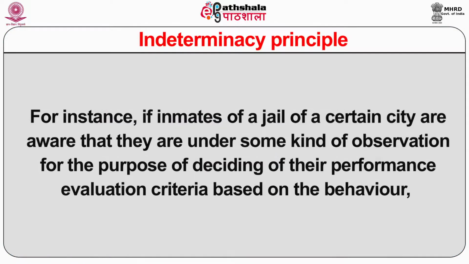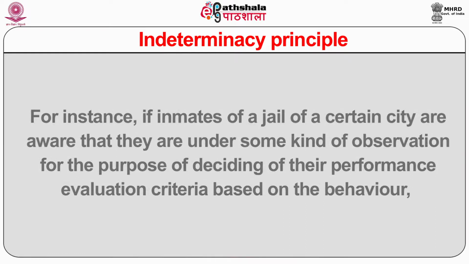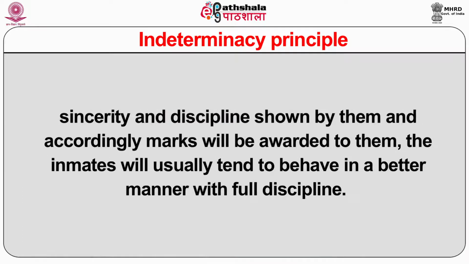For instance, if inmates of a jail in a certain city are aware that they are under observation for the purpose of deciding their performance evaluation based on their behavior, sincerity and discipline, and accordingly marks will be awarded to them, the inmates will usually tend to behave in a better manner with full discipline. Thus, the indeterminacy principle may also be a cause of systematic bias.